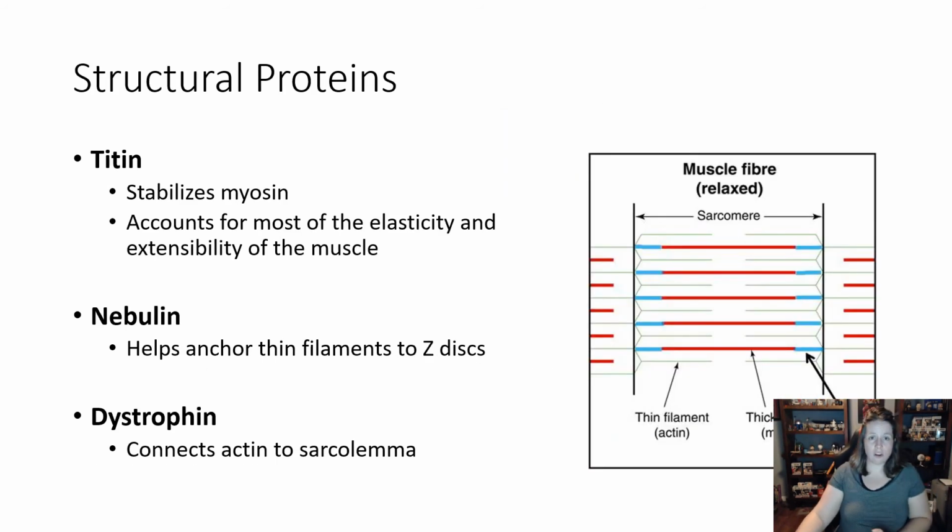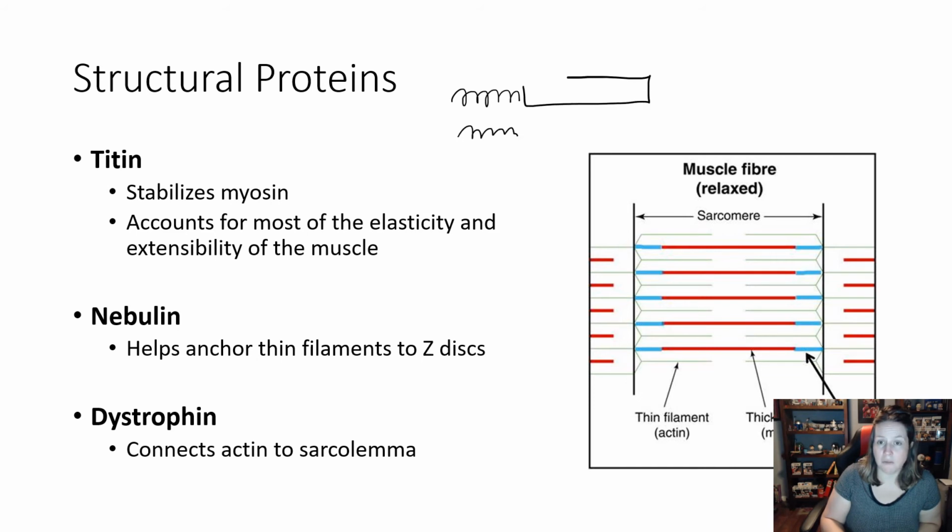Now, in terms of our structural proteins, we have 3 that we want to talk about: titin, nebulin, and dystrophin. So titin, if you look back at the sarcomere that we were looking at, there were attached to the myosin filament these little curlicues. They look like springs. Those are titin.